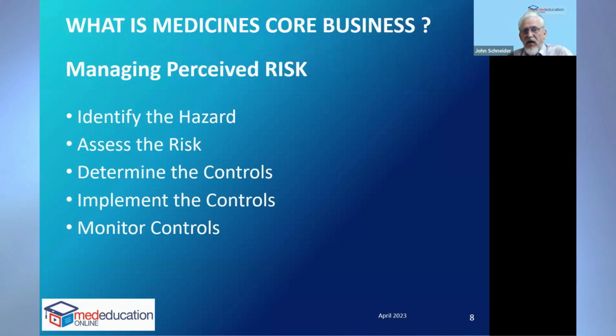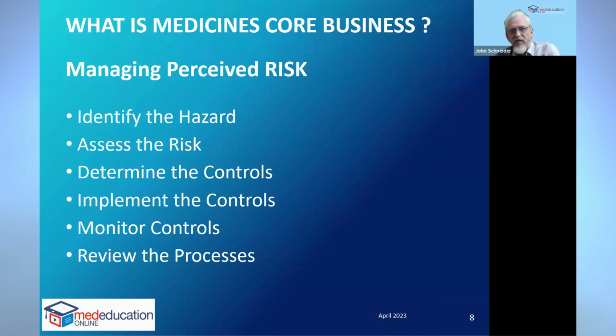So that fits in nicely with the core medicine, the core business of medicine, where we're managing or approached by the general public and our patients to help them manage perceived risks.